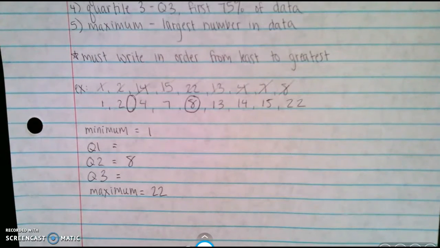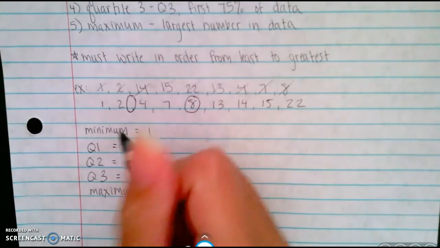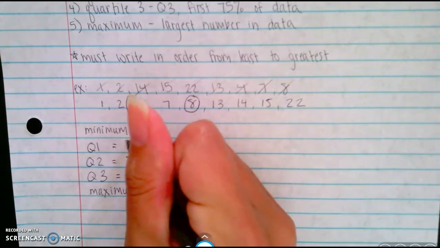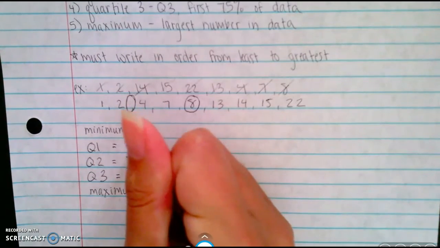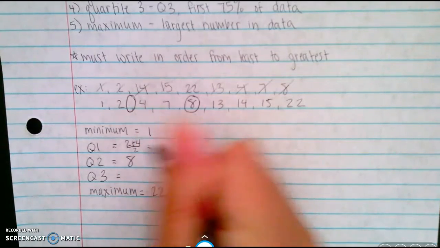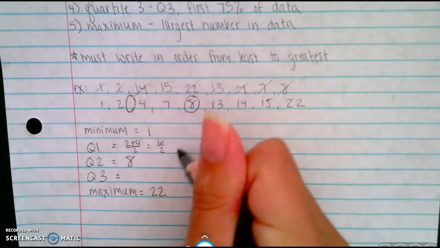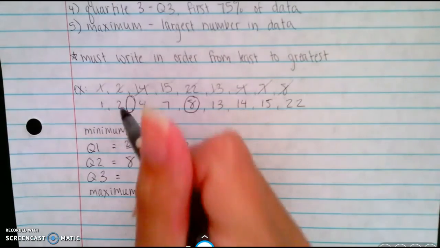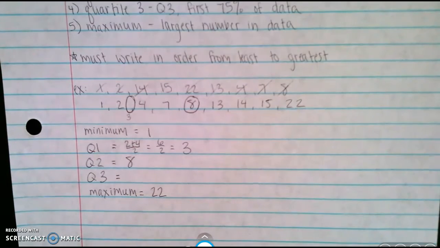So you can either think of it like this: the number between 2 and 4 is 3, or if it's a little bit harder to tell if the numbers aren't right next to each other, you can use the median property where you add the numbers together, 2 plus 4, and then divide by 2. So 2 plus 4 is 6, divided by 2 is 3. So quartile 1 is 3.